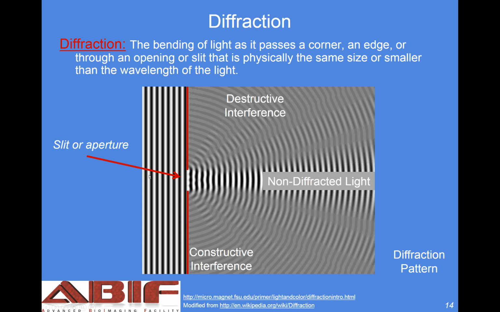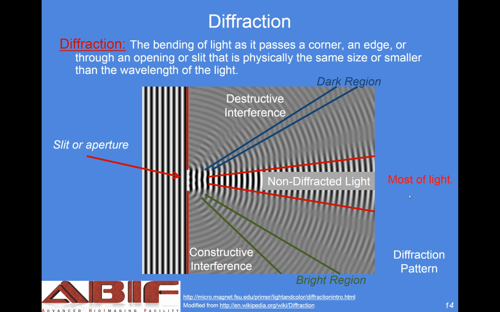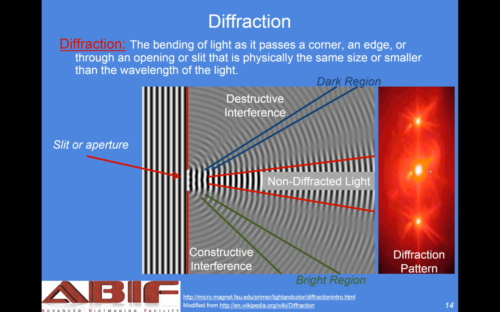What you see in the middle here is non-diffracted light. This light's going to go straight through the slit, and it can then go onto a detector, and you would see a bright spot. You can also have constructive and destructive interference.